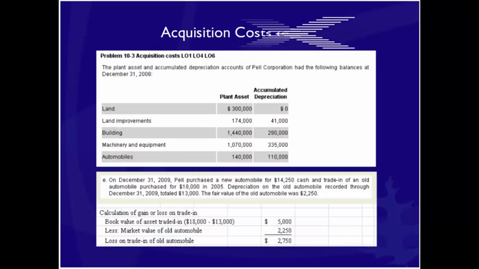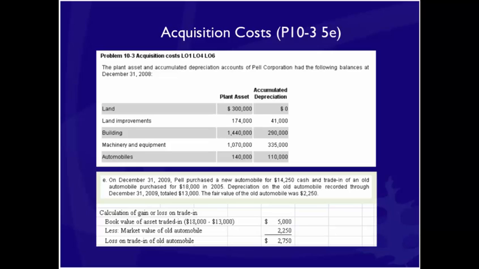We also need to calculate the gain or loss on the trade-in. The book value of the asset traded in was $5,000, $18,000 of original cost less $13,000 of accumulated depreciation recorded up until the day that the asset was traded in. And then we subtract out the market value of the old automobile, $2,250.